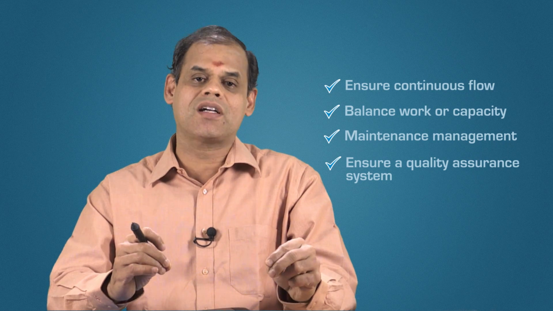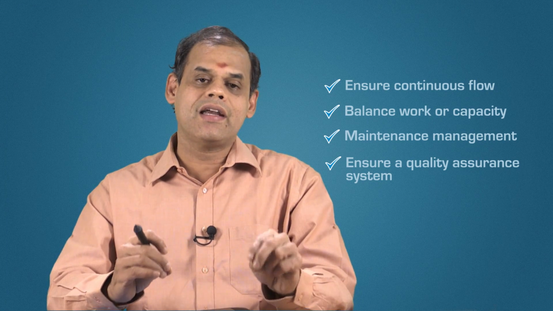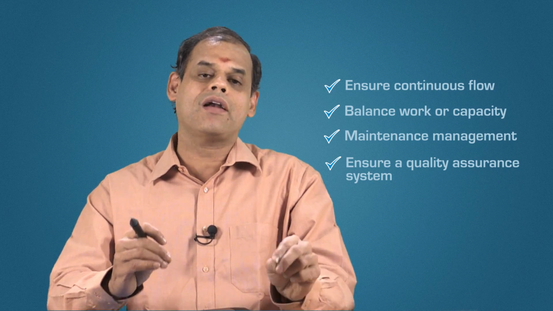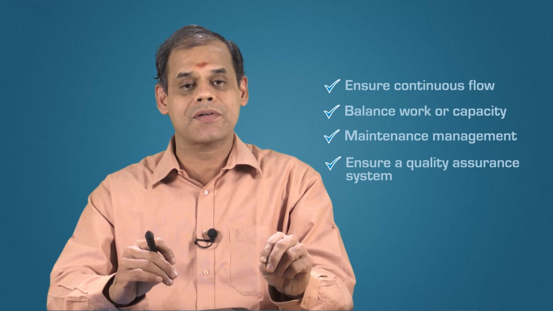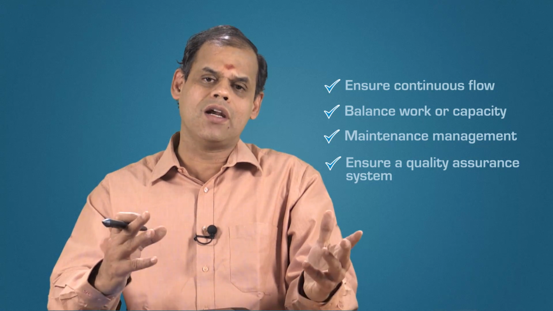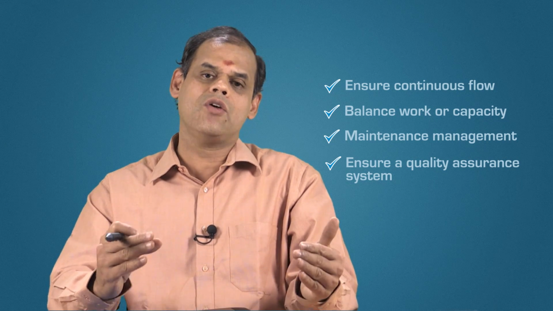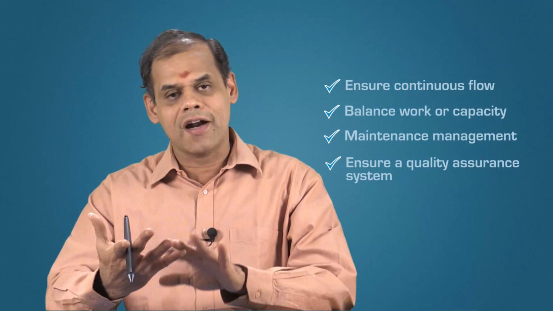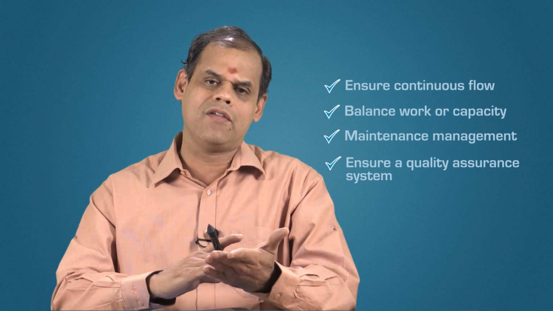So the criticality of quality not creating a certain kind of disruption in the system. These are some of the issues that we need to worry about in such continuous flow systems. Therefore, when we address capacity or quality, we need to keep this in mind.